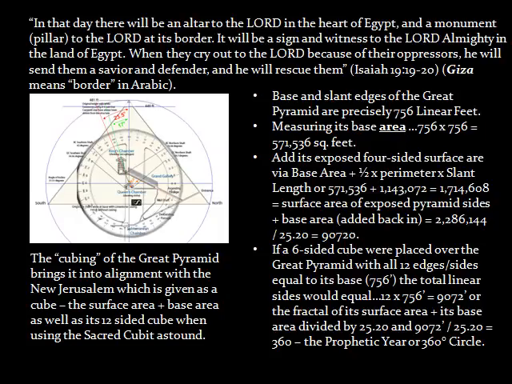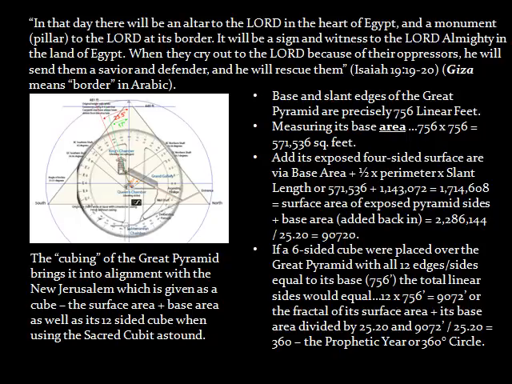Now add its exposed four-sided surface, or base area, plus 1/2 times the perimeter times the slant length: 571,536 plus 1,143,072 will equal 1,714,608. This is the surface area of the exposed pyramid sides.